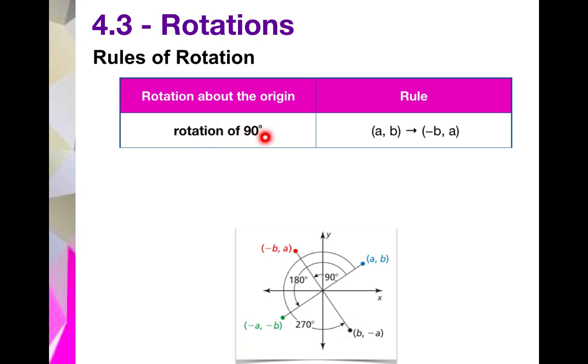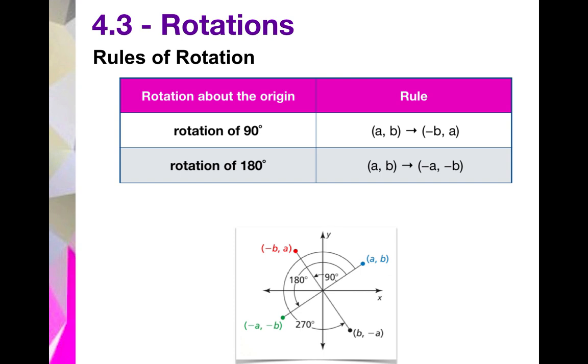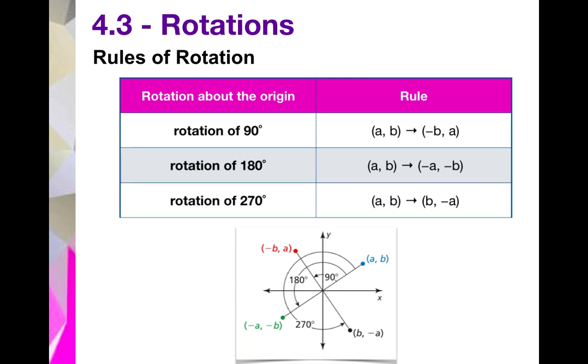This one is for 90 degrees. For 180 degrees, we take the xy coordinates a and b, and we just negate them: negative a and negative b. That puts us in a place that's exactly 180 degrees about the origin. And then rotating 270 degrees, that's just (a, b), and we convert that to (b, negative a). So that's 270 degrees around the origin.